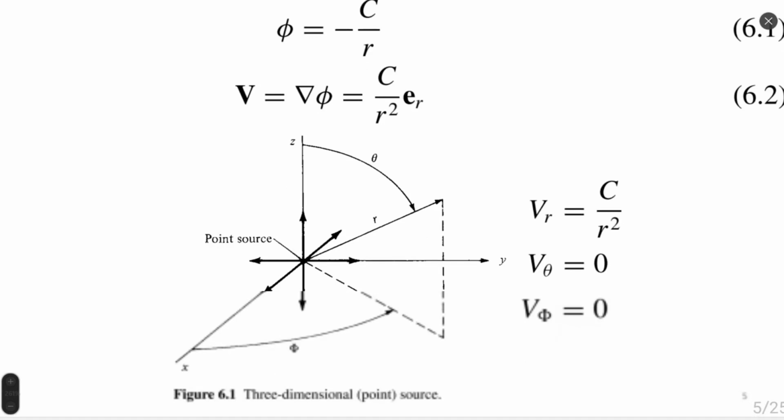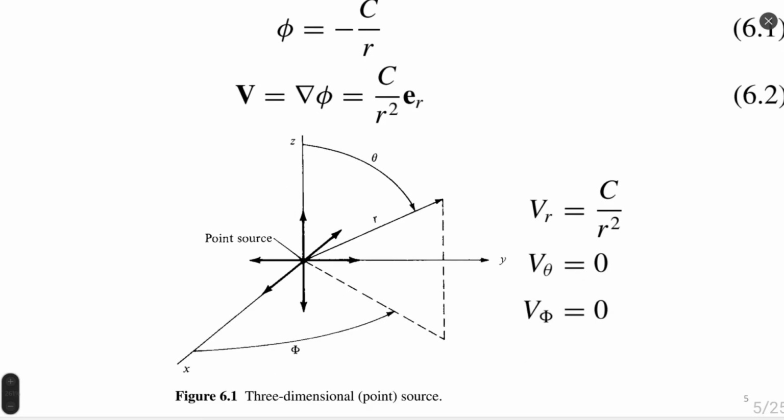Three-dimensional source equation is presented in equation 6.1, where the potential function is given as a ratio between some constant, the strength of source, divided by r, distance in spherical coordinate system. These equations here are written in spherical coordinate system, as you can see on figure 1.